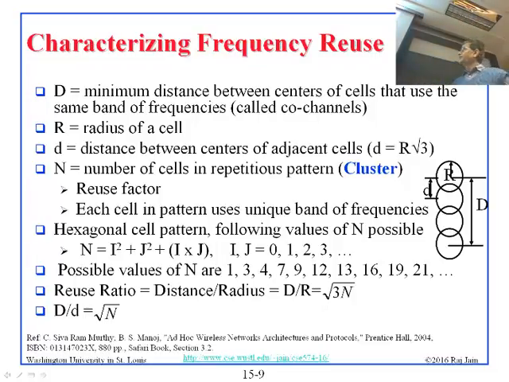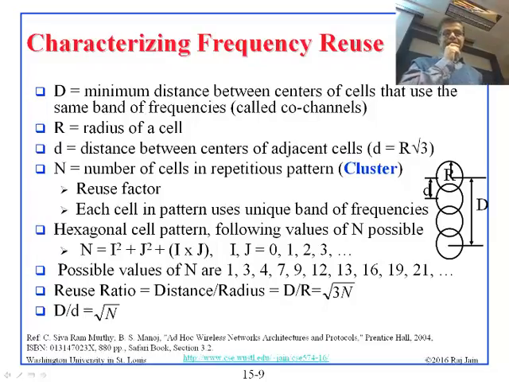First of all, n must be i square plus j square plus ij. Take any value of i, take any value of j, put it in there. Whatever you get, those are the only feasible values of n. If you put i equal to 1 and j equal to 1, what do you get? 3.